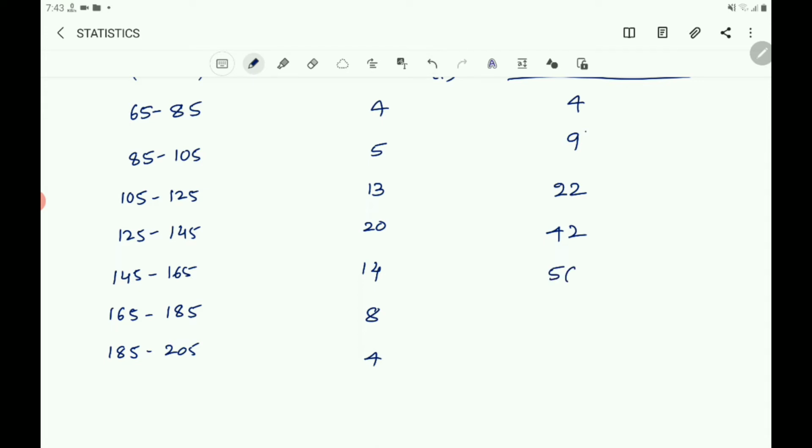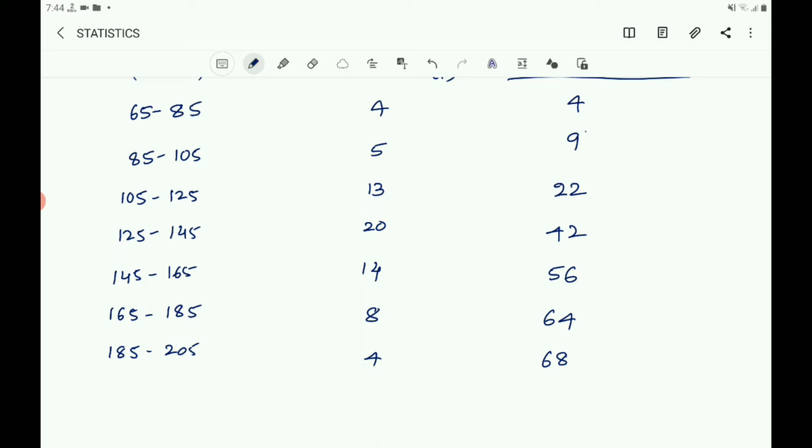Next, 56 plus 8 is 64, and 64 plus 4 is 68. The total number of families under the survey is 68.